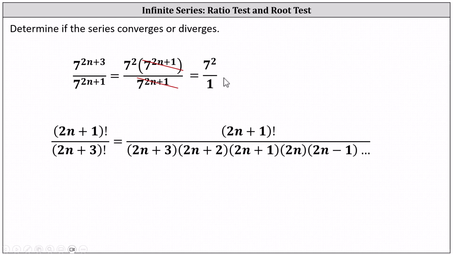And then simplifying the factorials below, if we expand 2n plus 3 factorial, again that's equal to 2n plus 3 times 2n plus 2 times 2n plus 1 times 2n times 2n minus 1 and so on. Notice all the factors from 2n plus 1 on are the same factors as 2n plus 1 factorial, so all these factors simplify out, and again, we're left with 2n plus 3 and 2n plus 2 in the denominator. And now going back to our limit.